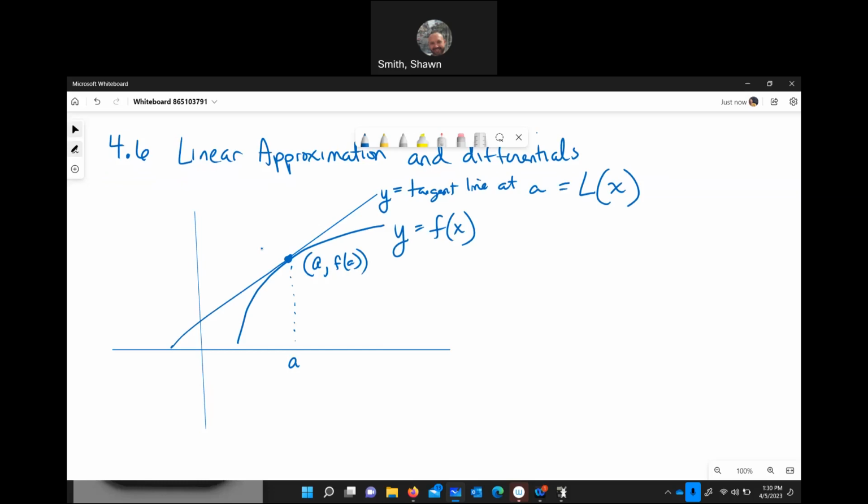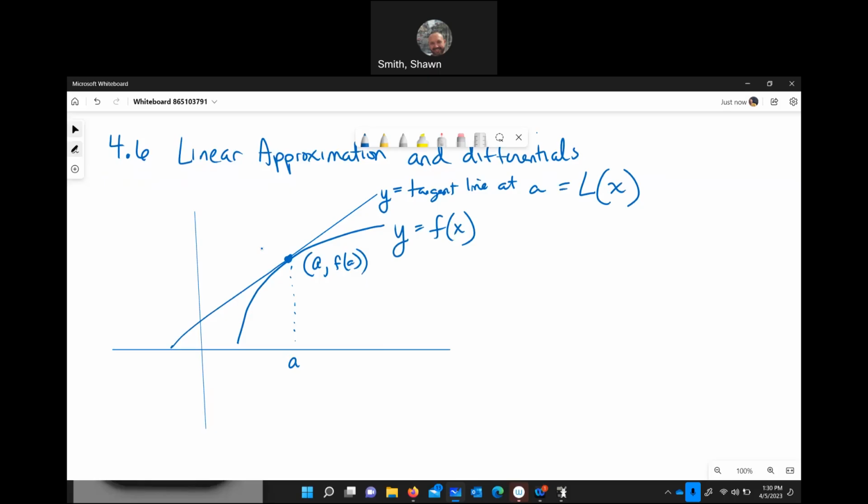Boom, you got a line, right? That line is not going to be the tangent line, but it's going to be very close to the tangent line, because we know the slope of the tangent line at a is the derivative. Those two points are very close to each other for the approximation. In a sense they're not equal to each other, but they are basically equal. They're so close, they're basically touching.